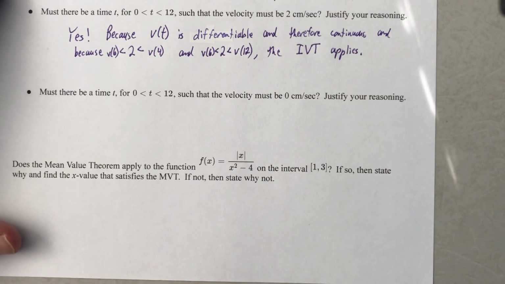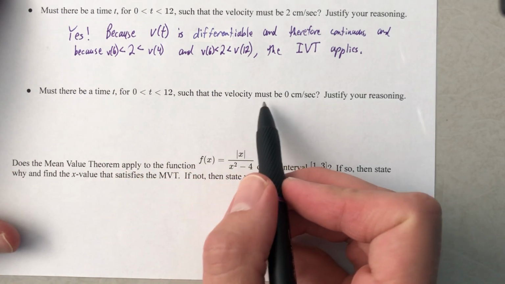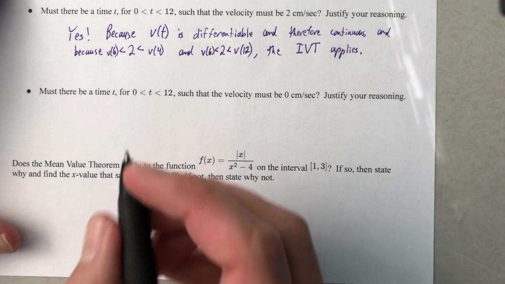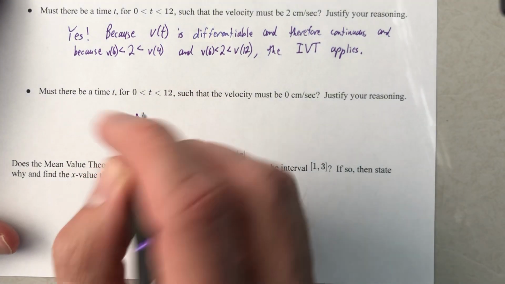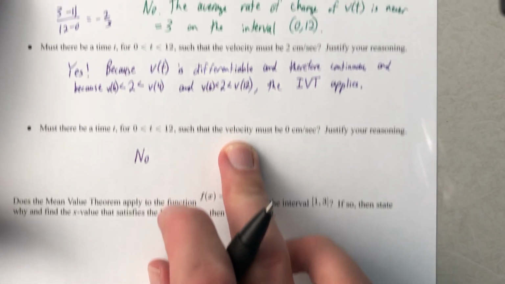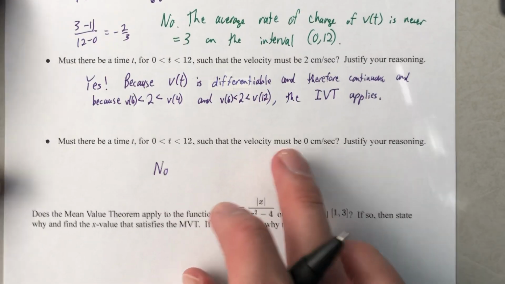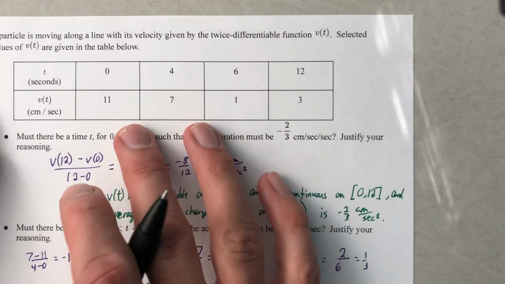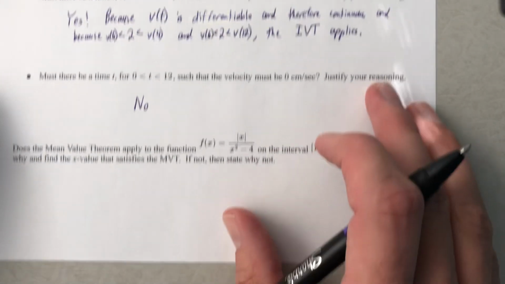Must there be a time such that the velocity must be 0 centimeters per second? Justify your reasoning. No. All right, here goes. Asking about velocity again. Does the velocity exist to be 0? Is the velocity ever 0? If it is, it doesn't show up, so we can't guarantee it.